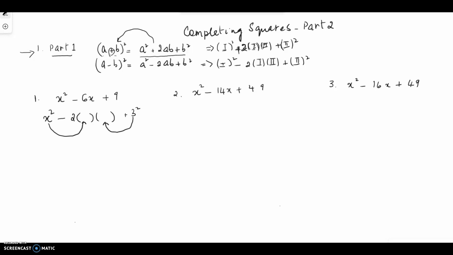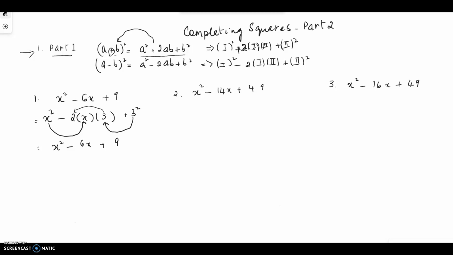So that would be twice the product of x and 3. Let's see what that is equal to. X squared minus 3 times 2 is 6x plus 9, and that's exactly what we have.